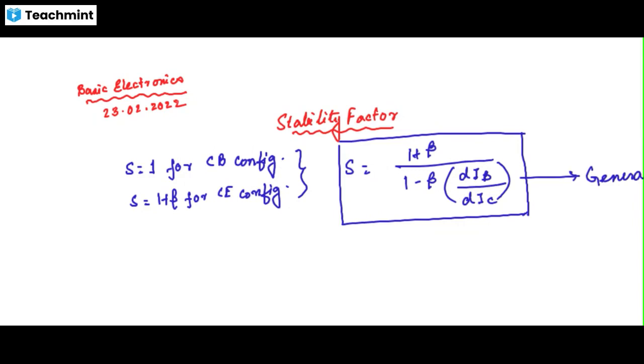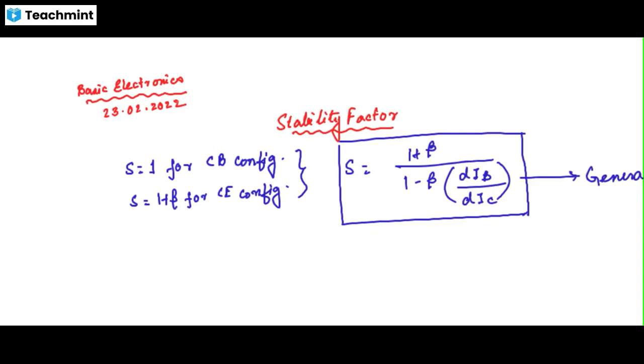So whenever we design a biasing circuit, we have to keep in mind that these are the requirements of a biasing circuit. For CE configuration, bias stabilization is of utmost importance to improve the stability factor. In CE configuration, the collector current highly depends on leakage current, which in turn depends on the temperature.